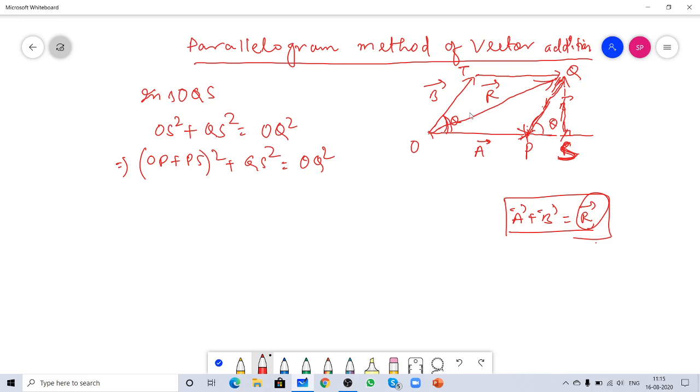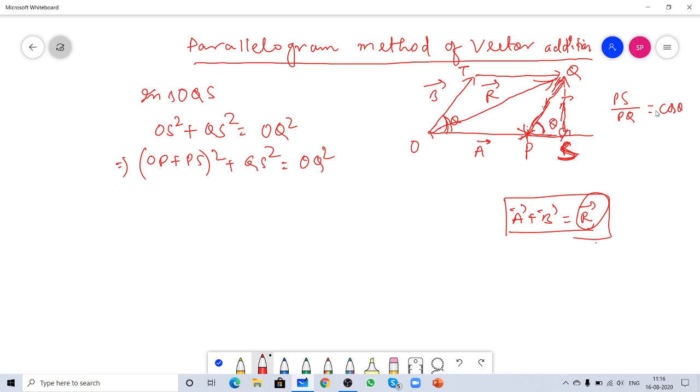Okay, and if this is theta, I can write that PS by PQ is cos theta. Because this is 90 degree, so this is your theta.